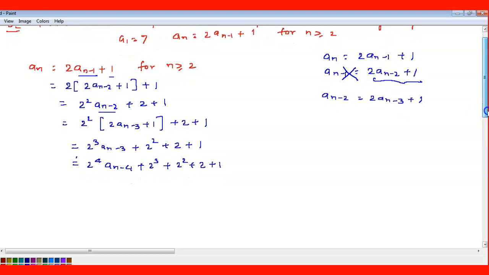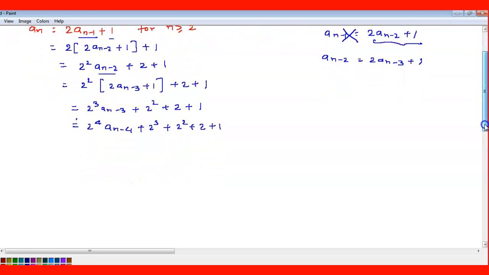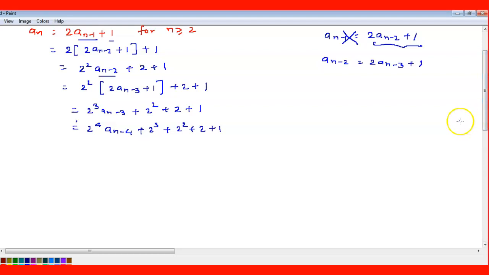Similarly, see here, this one we have to bring to a1 is equal to 7, right? So what we can write here, this one is 4, then this is 4, right? And this goes up to 3 in decreasing order, right? So if you take it till n minus 1, here also we will get a of n minus 1 minus n, right?